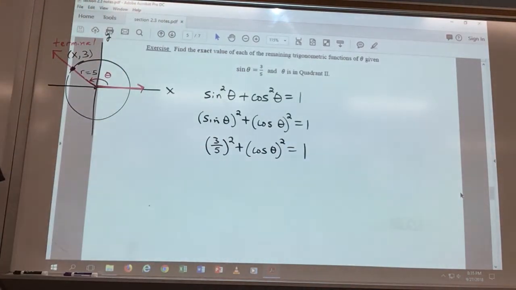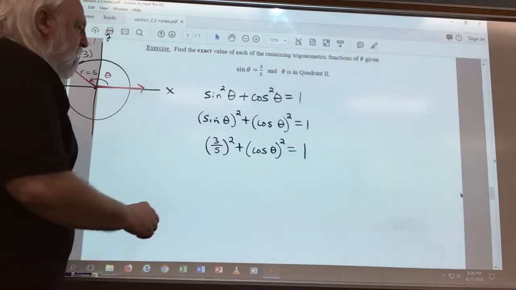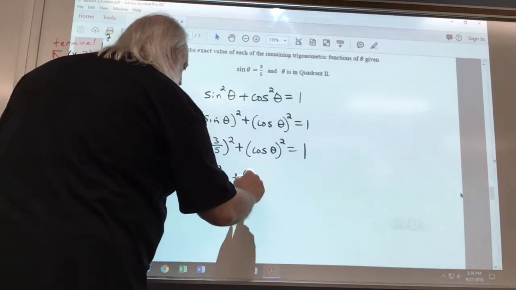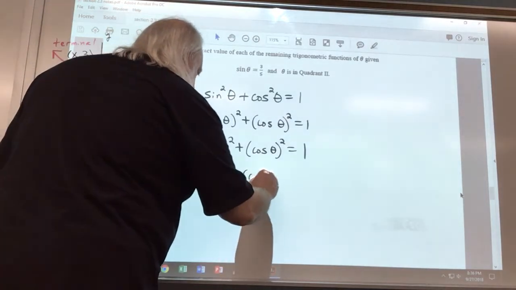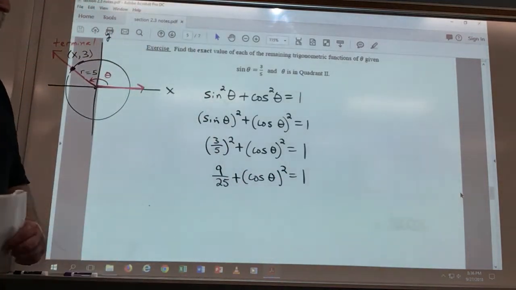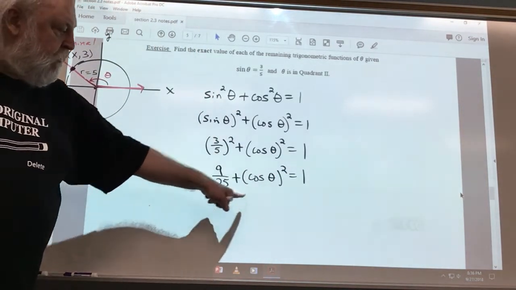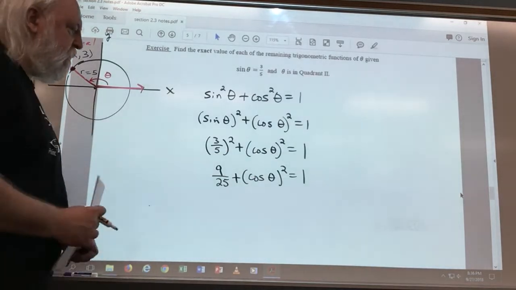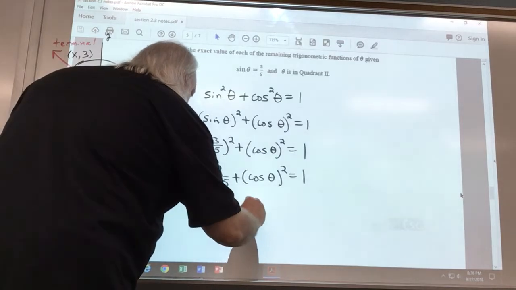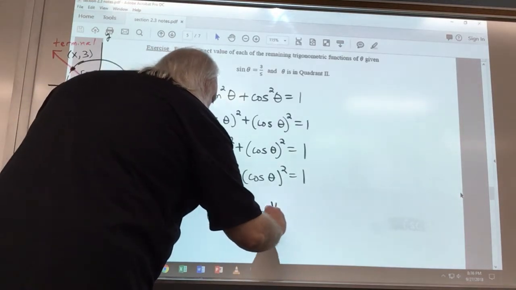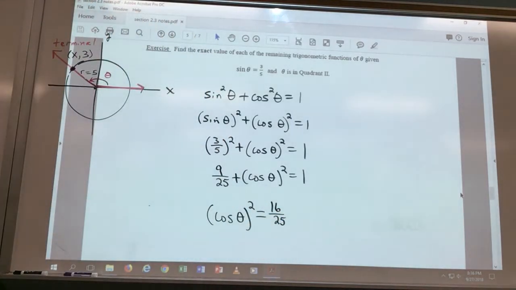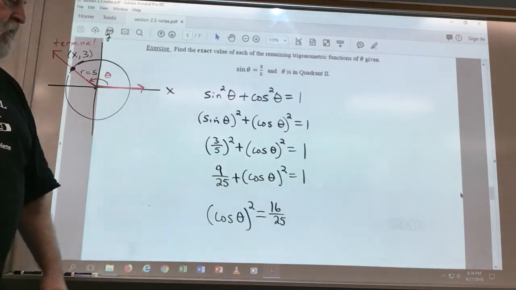Well, 3/5 squared, right, is 3/5 times 3/5, which is 9/25. And now, right, I'm solving for cosine theta. When I subtract 9/25 from both sides, I get cosine theta squared is equal to 16/25. 1 minus 9/25 is equal to 16/25.